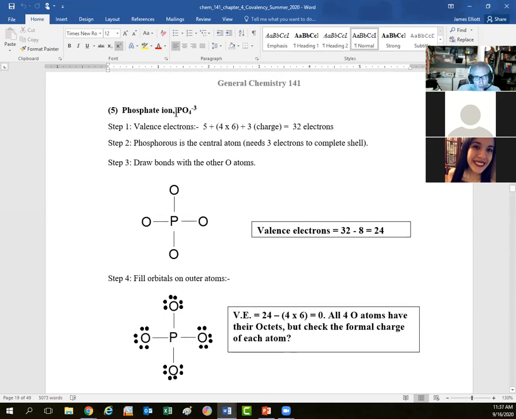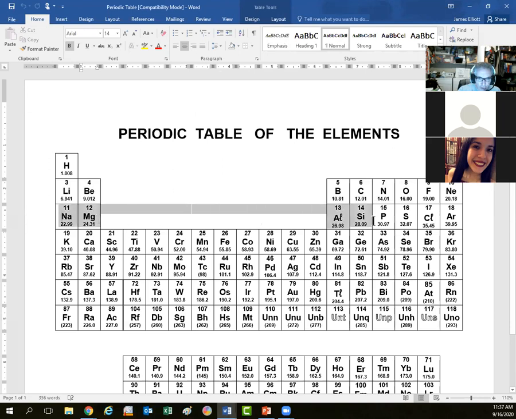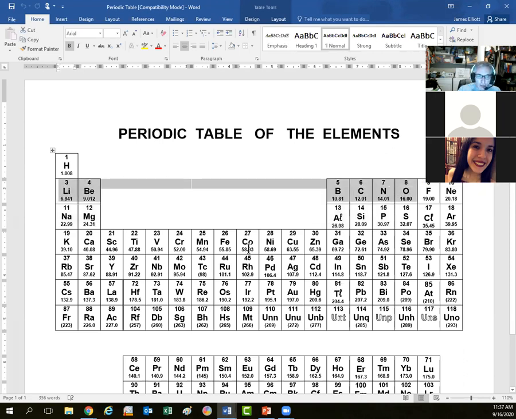So again, starting off with just the electron count based on the position in the periodic table. Of course, that's 5 electrons for phosphorus because it's the fifth element in the row, and 6 electrons for each oxygen because it's the sixth element in that row.